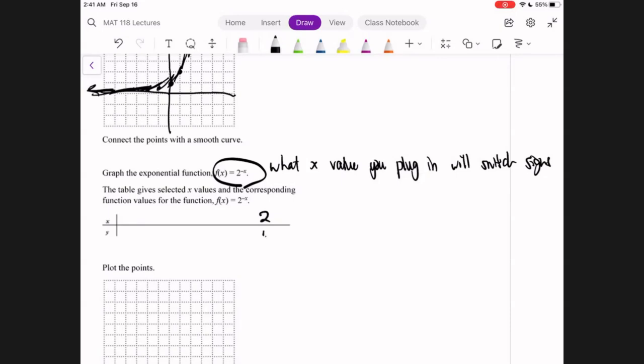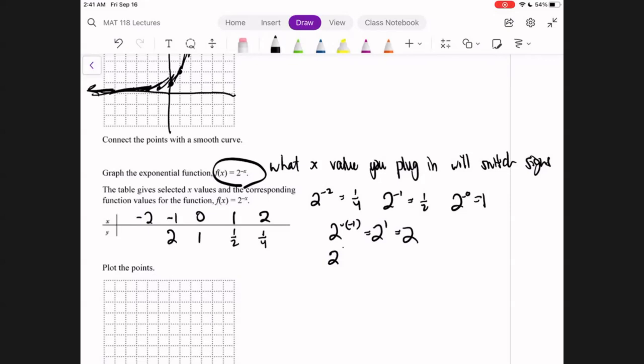So this will give me a 1/4 here. And then 1 will act like a -1. And then 0, I can't really do anything. That negative doesn't change it, so I still get 1 there. And if I check the negative of -1, which is like a +1, that'll just be 2.